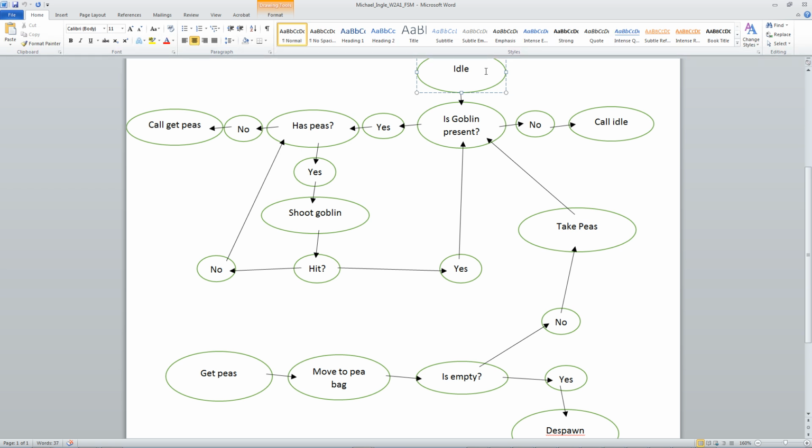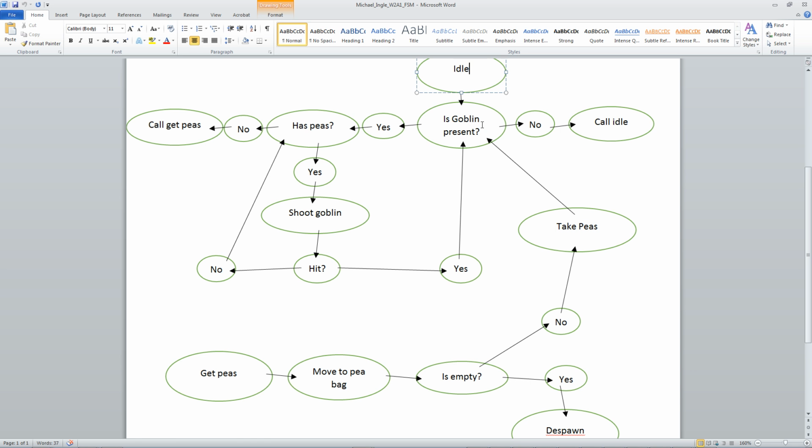So a transition doesn't have a yes and a no. If the condition is met, in other words, if a goblin is present, then a transition takes place. If the goblin is not present, no transition happens. The game simply remains in the idle state.